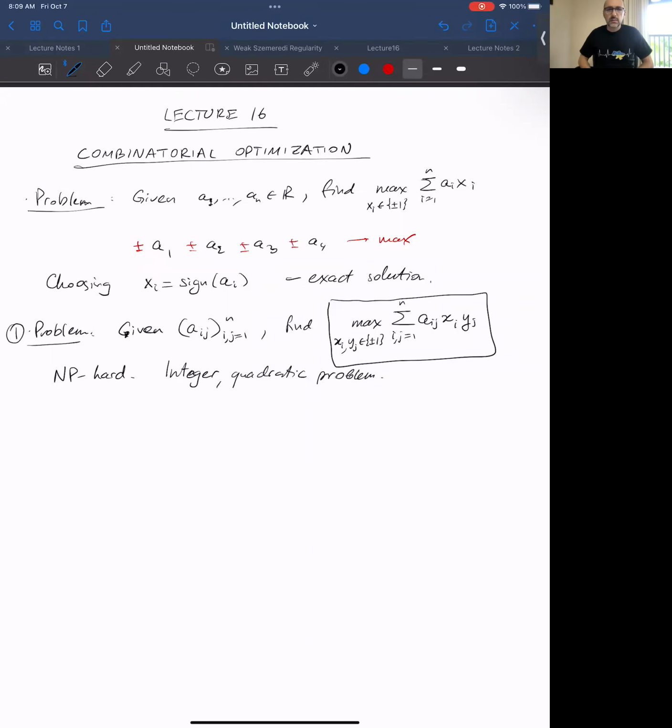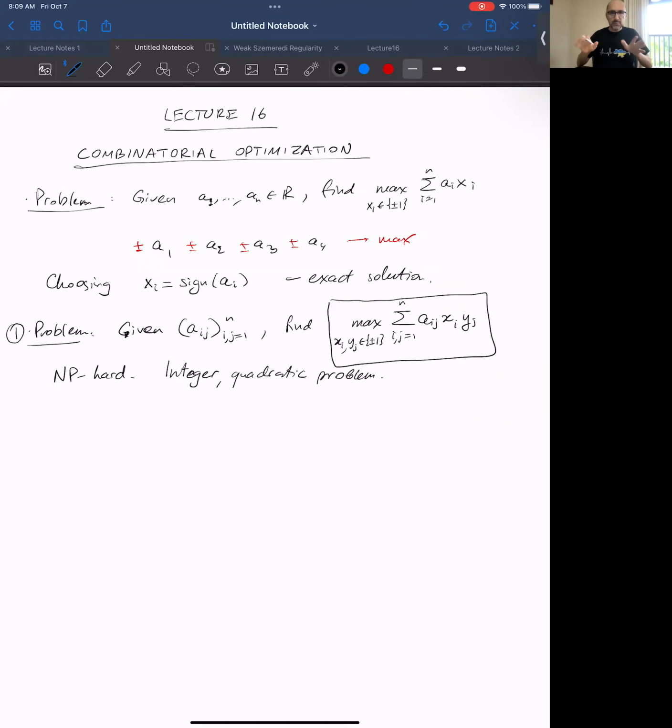Quadratic problems could be hard, integer problems could be hard, and this is both. Is it clear? Okay.